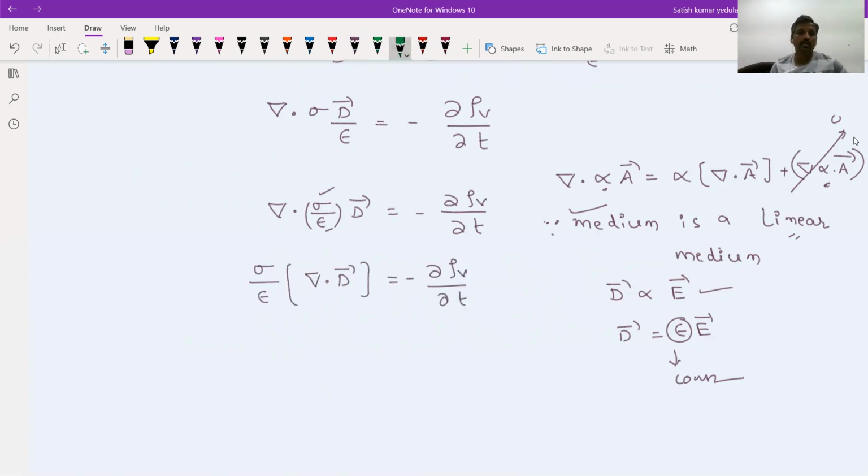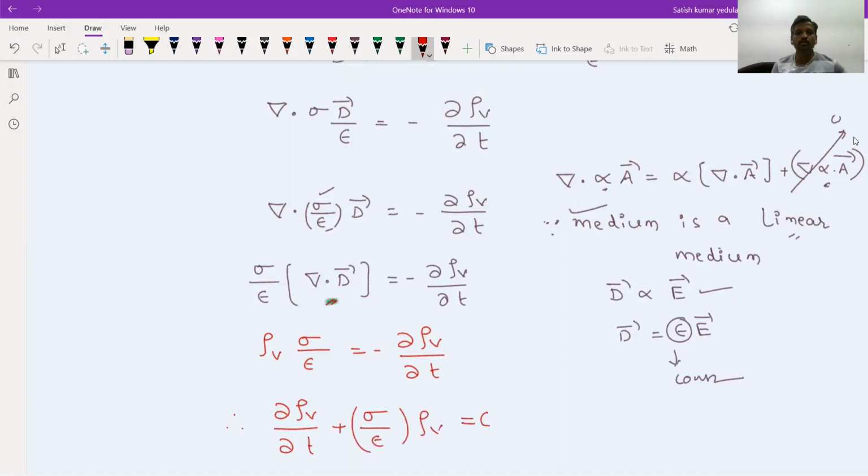Now it's very easy. Del dot D, from our Maxwell equation, which is Gauss law, is ρv. That is ρv into σ by ε is equal to minus ∂ρv/∂t. Therefore, we get ∂ρv/∂t plus σ/ε into ρv is equal to 0.